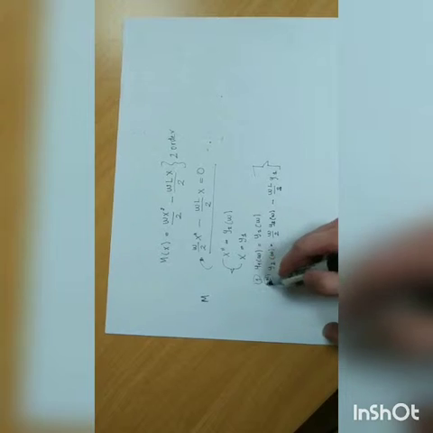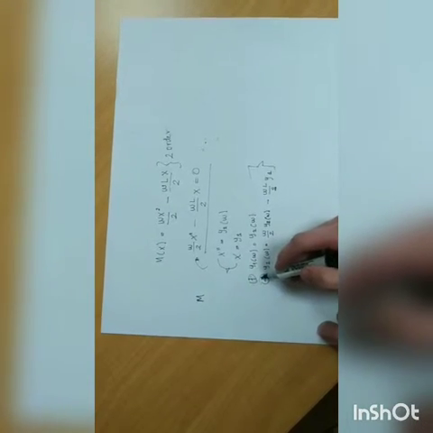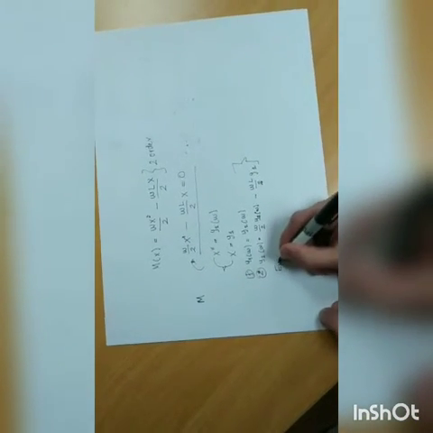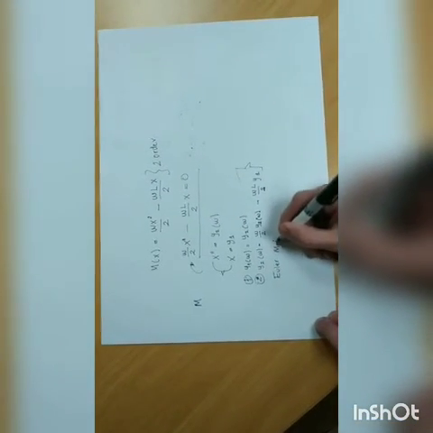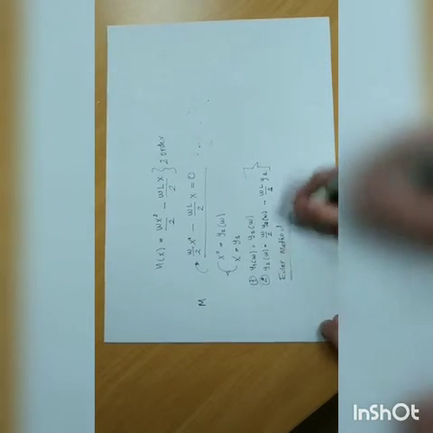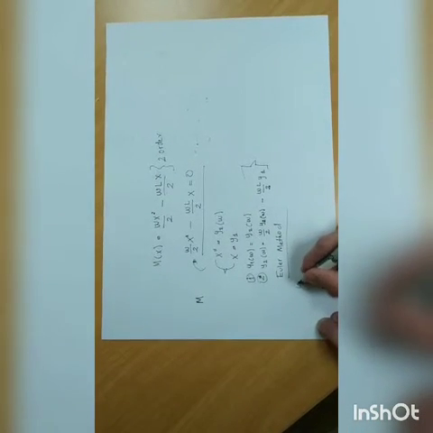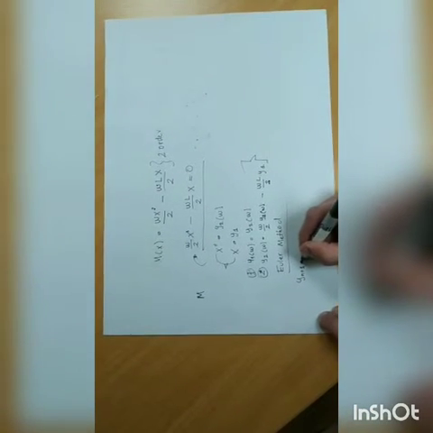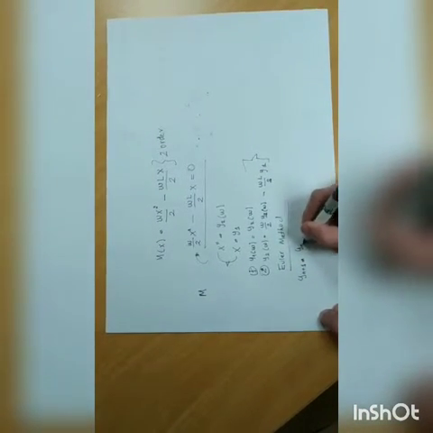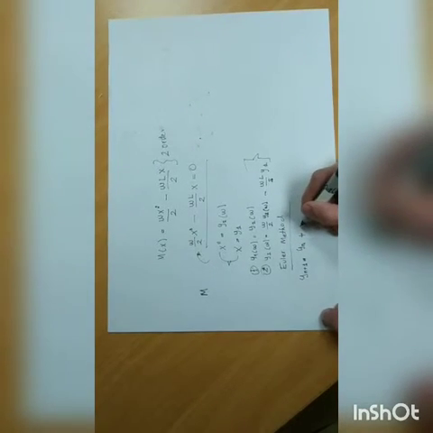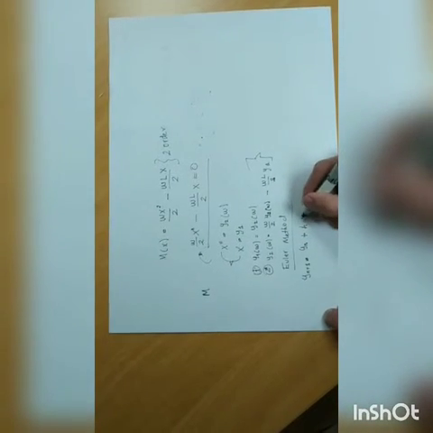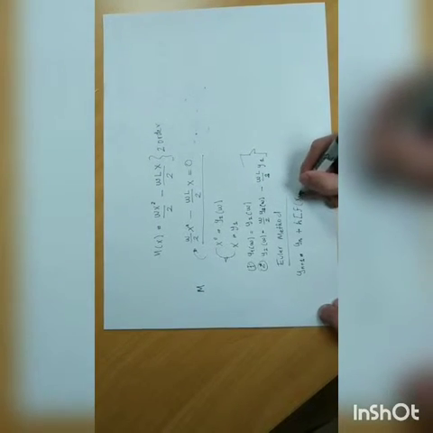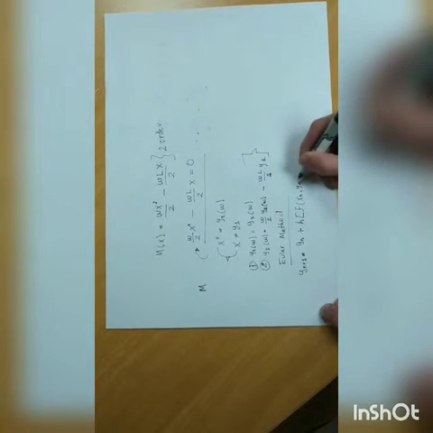Based on these two equations, we can resolve the Euler method. For the Euler method, we have this equation: the value of y in the next coordinate is going to be the value of y in the previous coordinate plus the step multiplied by the function evaluated in the previous coordinates that we had in x and y.